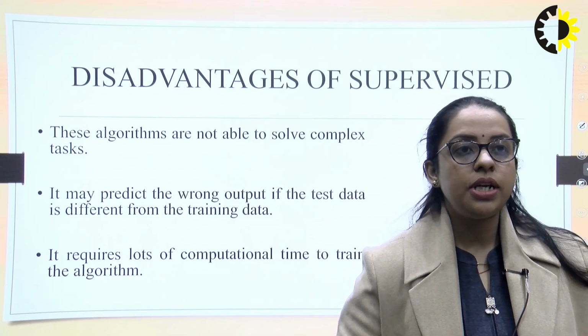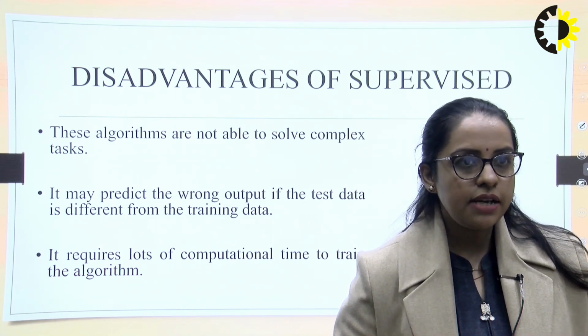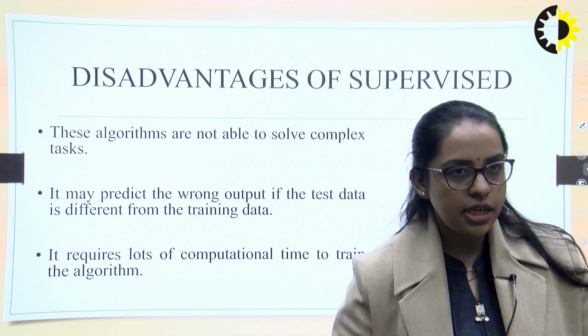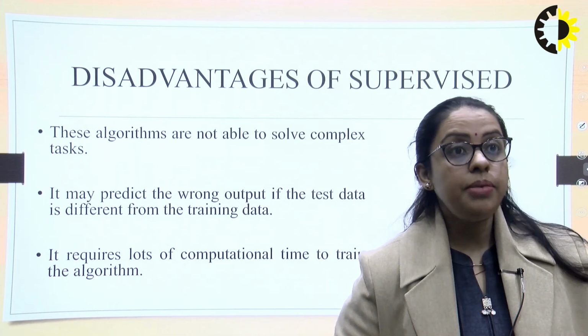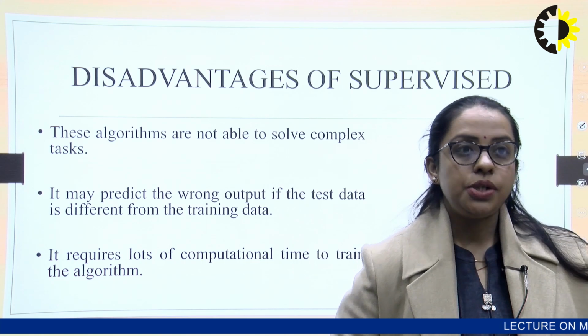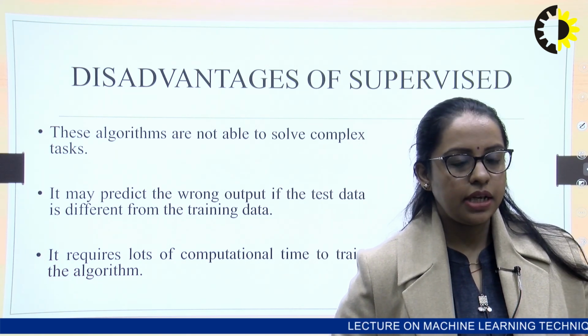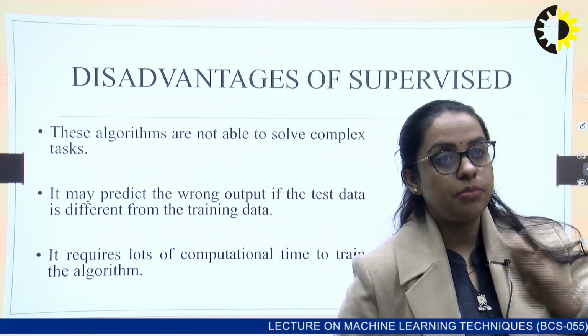For example, what is the moisture level of the soil? On the basis of the moisture level of the soil, humidity is measured. So here, the moisture level of the soil is the independent variable and humidity depends on the moisture level.